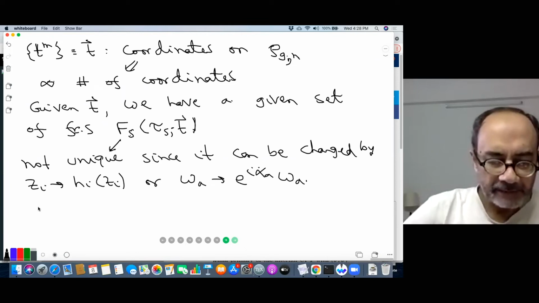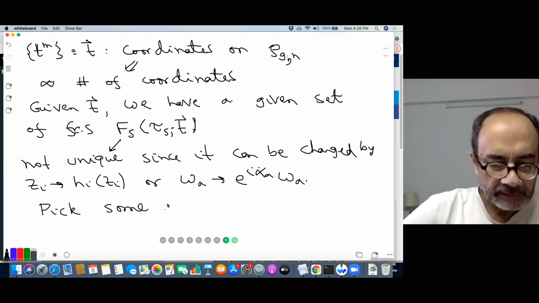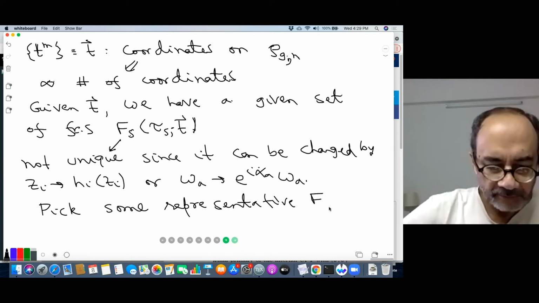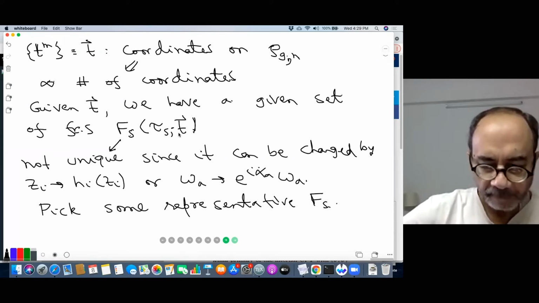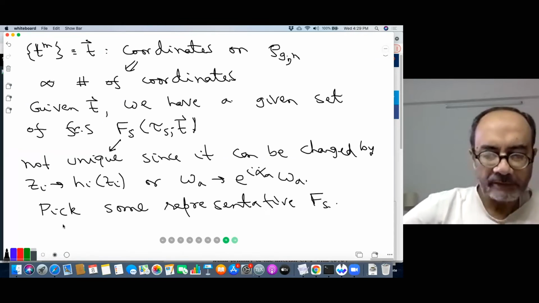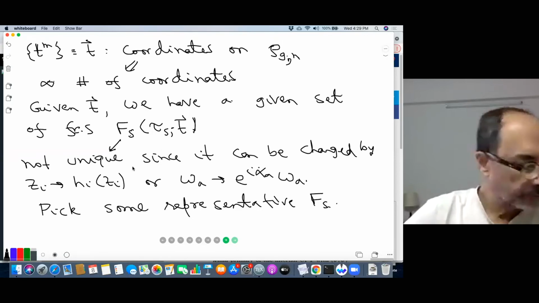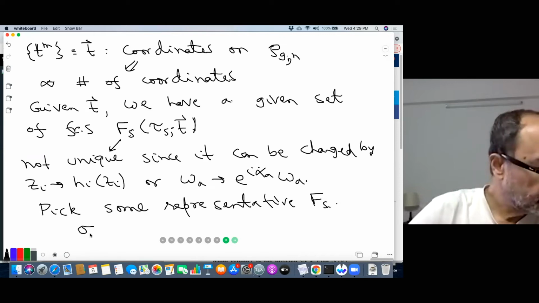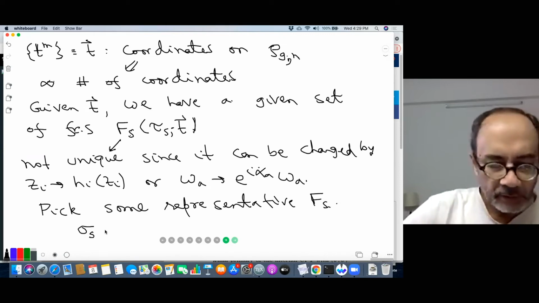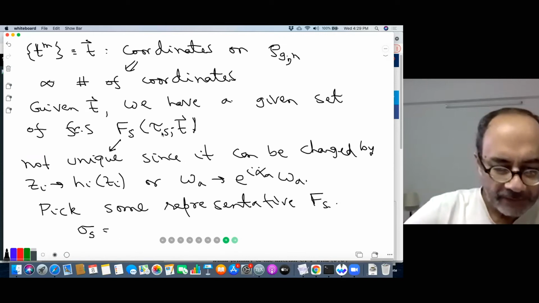But just pick some representative F_s. So I'll write F_s of tau_s and t. Let me remind you what F_s was. F_s was relating the complex coordinate on the left of C_s to the complex coordinate on the right of C_s, that is t tau_s.